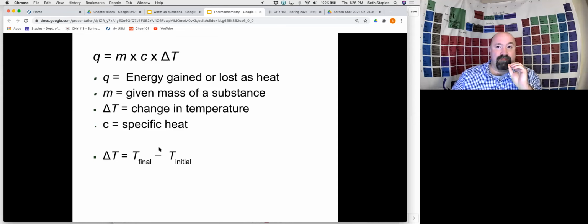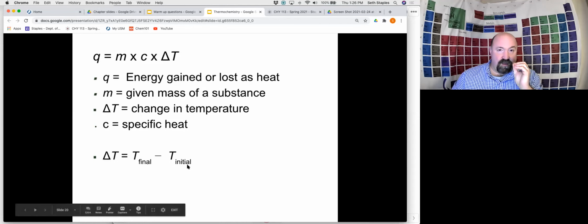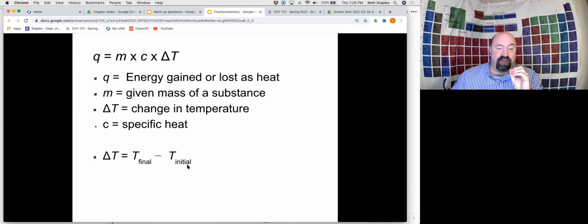So make sure that you are being very particular when you calculate your delta T, that it's always, always, always final minus initial, and incorporate the sign in there. If your final temperature was, say, 20 degrees C, and your initial temperature was 50 degrees C, then that means that your change is negative 30. We have to incorporate that negative sign into our calculations.